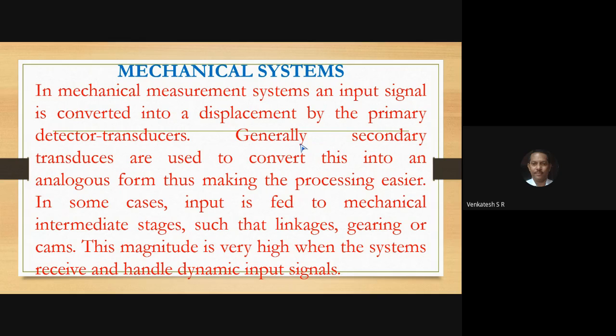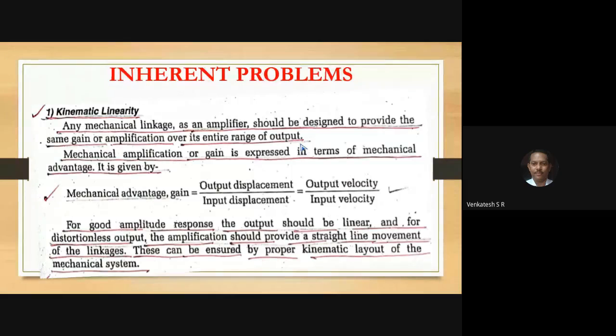That is nothing but the output. See, in the mechanical system, you have a little problem while converting the input signal into the signal which is accepted by the final stage. So there will be some problems always present in the mechanical system, that is kinematic linearity.